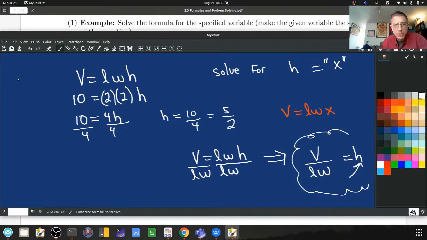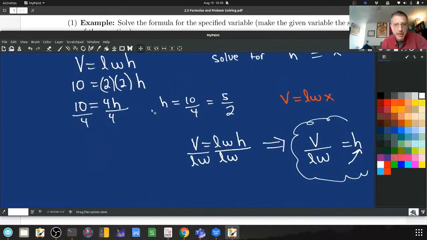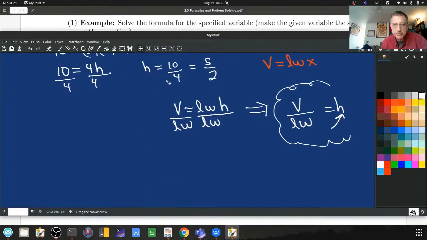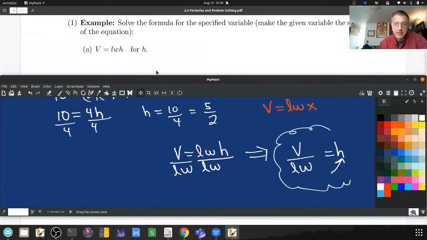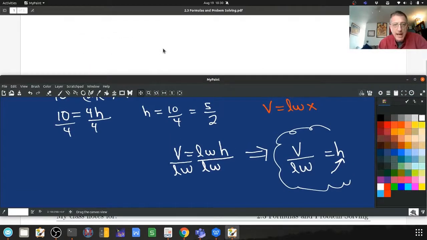Now this is of course the volume of a rectangular solid, this aquarium thing I just tried to draw up there. So not too bad, right? Just keep that in mind. These really are not so bad.